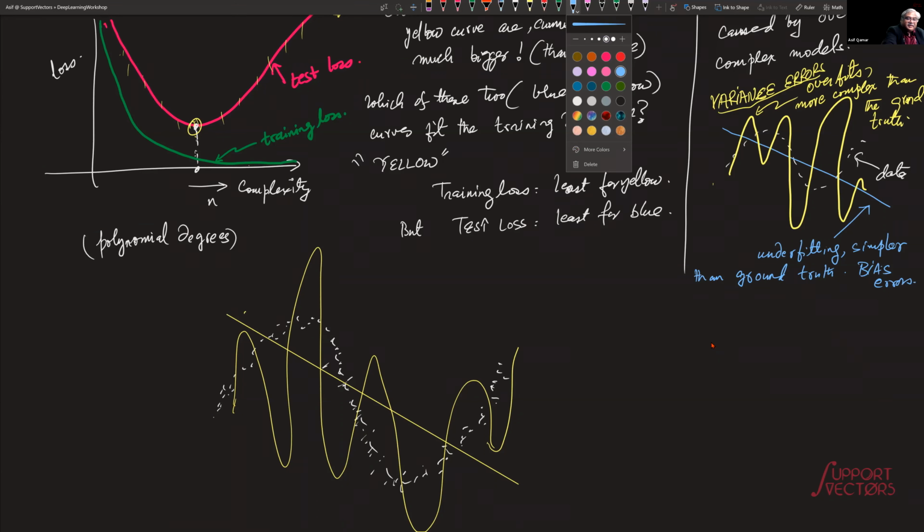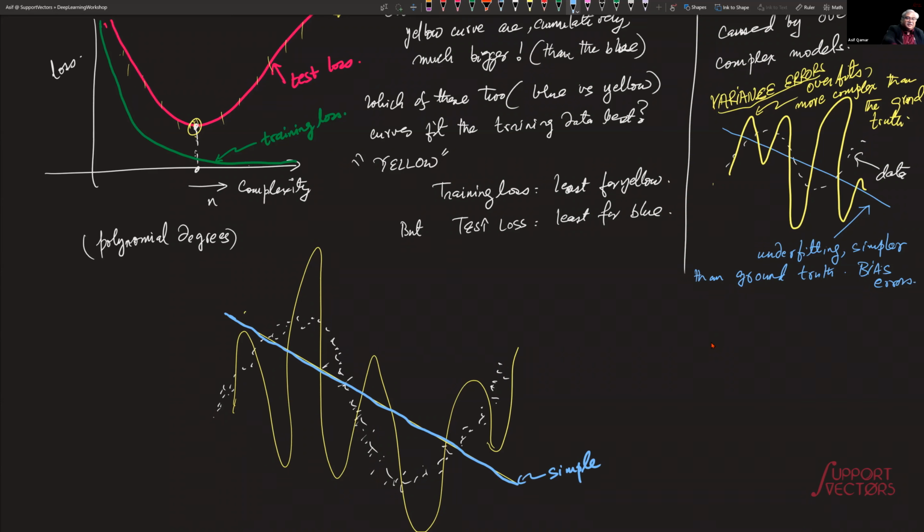I will make this line blue. So this is simple, and this is complex.